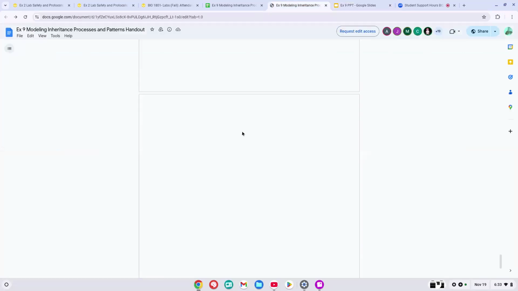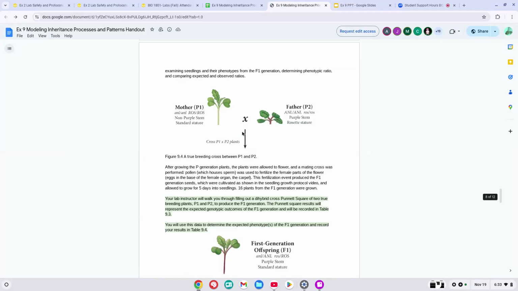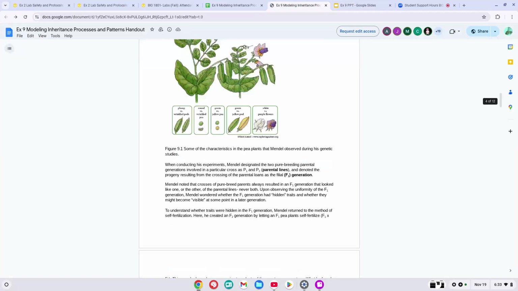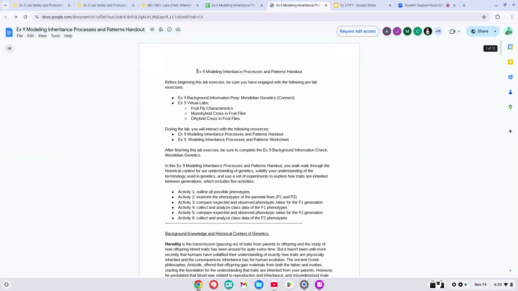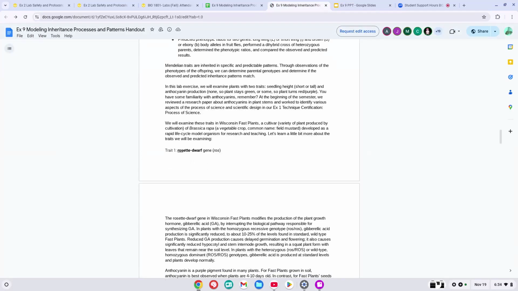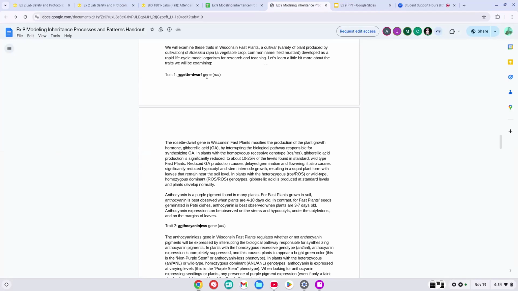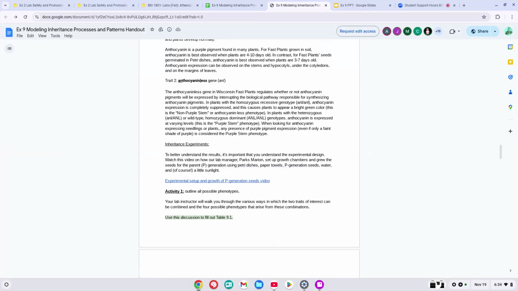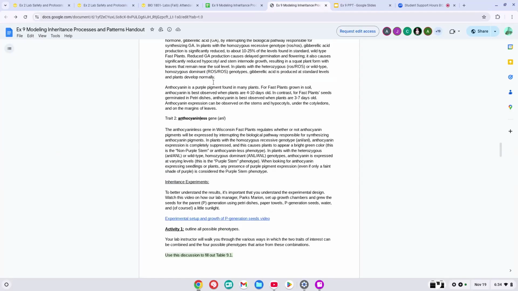So again, we're looking at this. Sorry, let's scroll back up. We're looking at the rosette gene or dwarf gene, right? And then the anthocyanless gene. If they're anthocyanless, they're not producing that purple color, and they're homozygous recessive for that trait.